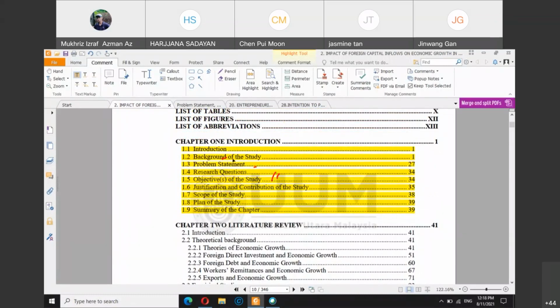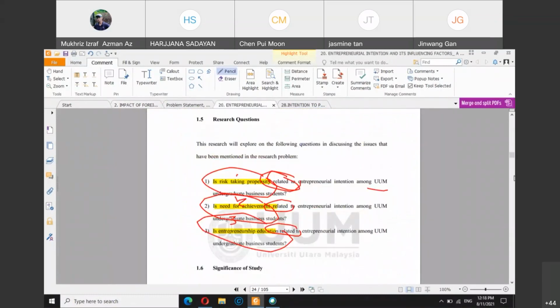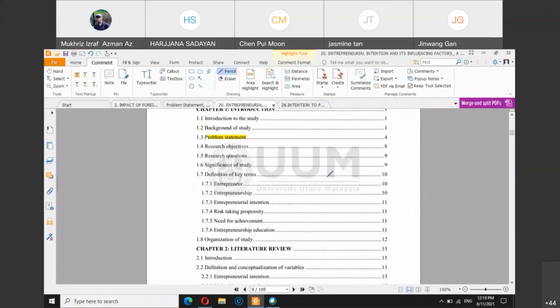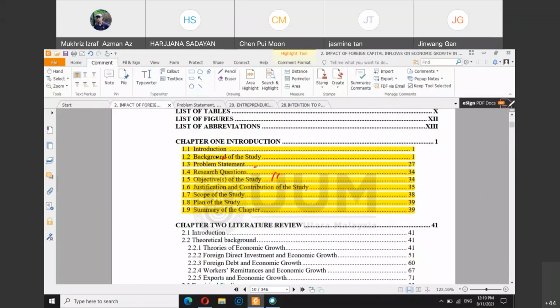But I would like you to use, for example, let me go through this. So for this thesis, because this is a PhD thesis, maybe it's slightly more detailed. But what is required for you is this one, not justification, but just contribution. Contribution of the study, scope of the study, and plan of the study. So this one, no need lah.